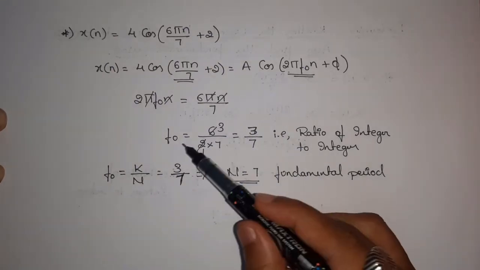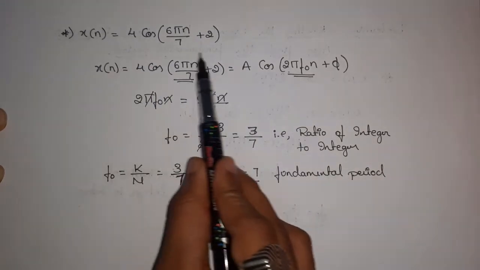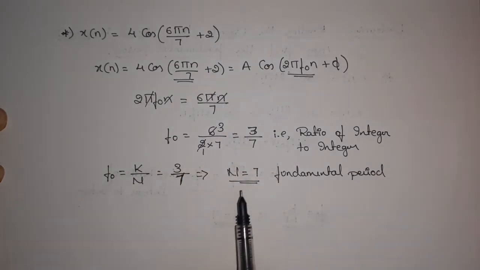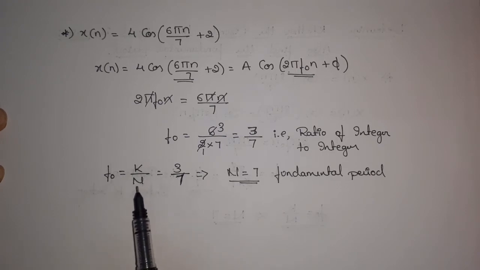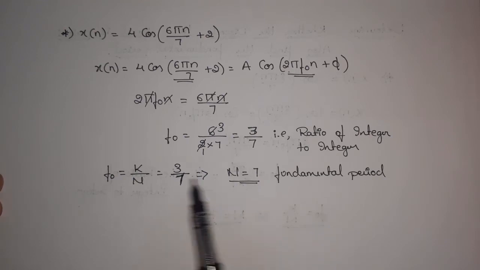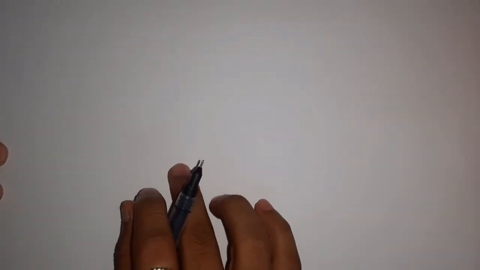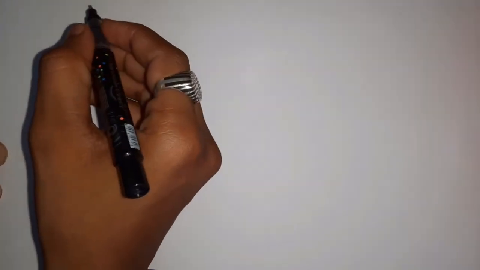Since the value of f naught is a ratio of integer to integer, the given discrete time signal is periodic with a fundamental period n is equal to 7. We got n is equal to 7 by comparing f naught is equal to k by n with f naught is equal to 3 by 7. Hope you people are getting the idea behind the periodicity. If you have doubts about the derivations, please move back to the previous video and see how we got f naught is equal to k by n and why we are comparing it with the fundamental cosine signal.